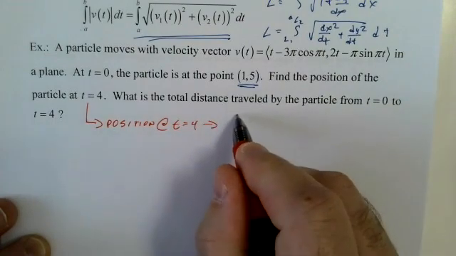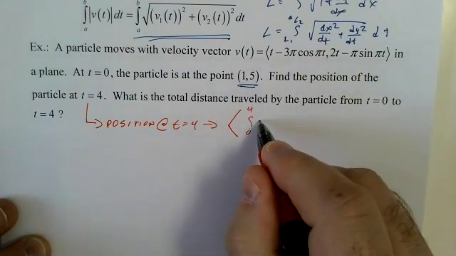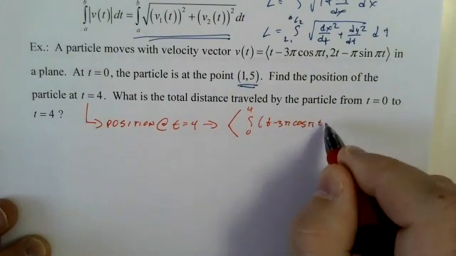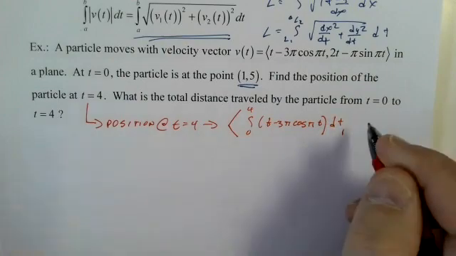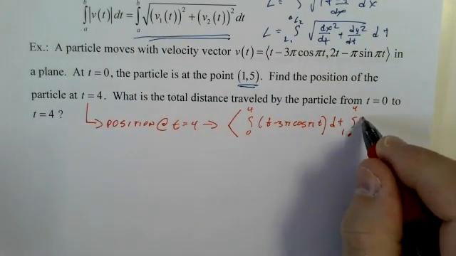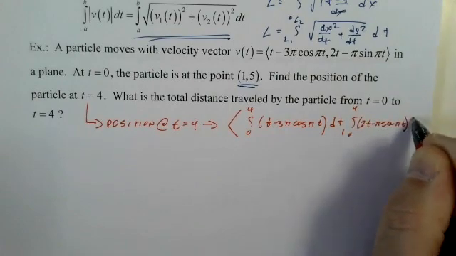Well, if I recall, integral 0 to 4 of t minus 3 pi cosine of pi t. No squared in here. Very tempting. Integral 0 to 4 of 2t minus pi sine of pi t dt.